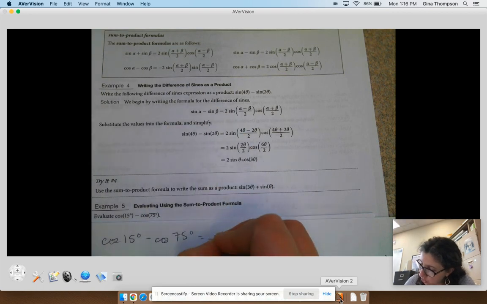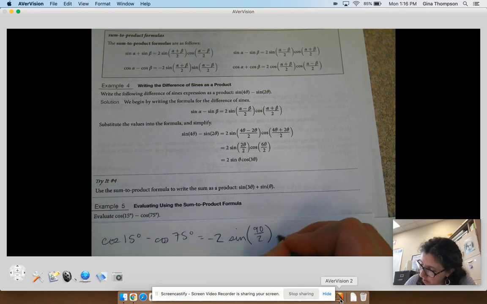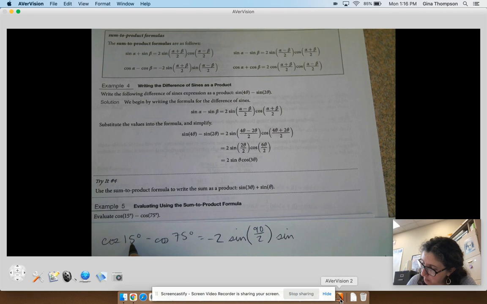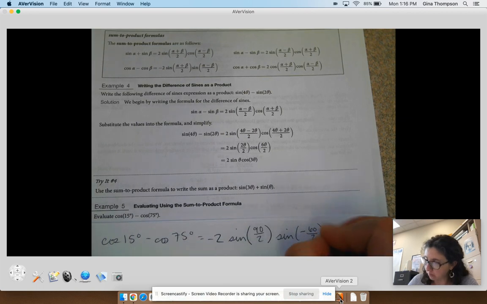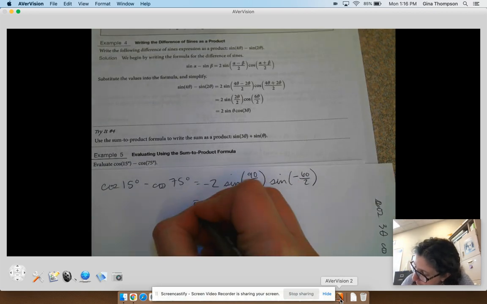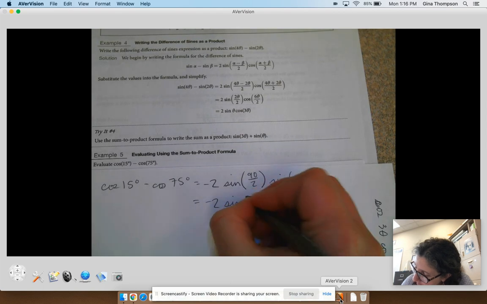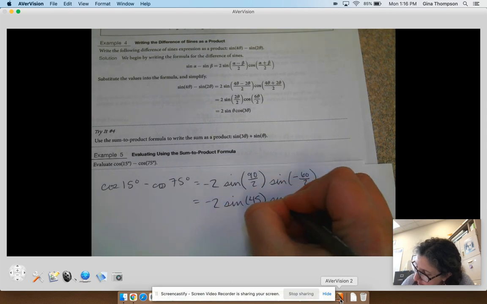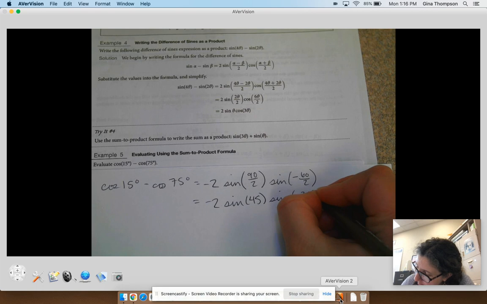We get minus 2 times sine of alpha plus beta, that's going to be 90 over 2, times sine of alpha minus beta, so that's going to be minus 60 over 2. Right? Okay, so minus 2 sine of 45 times sine of minus 30. Those are degrees.